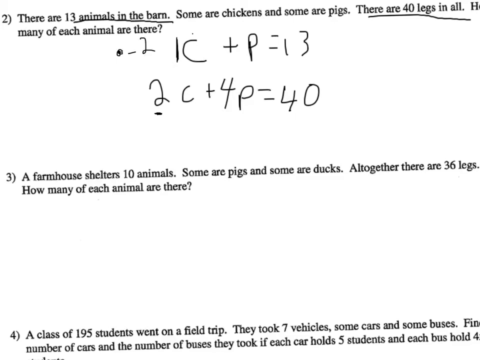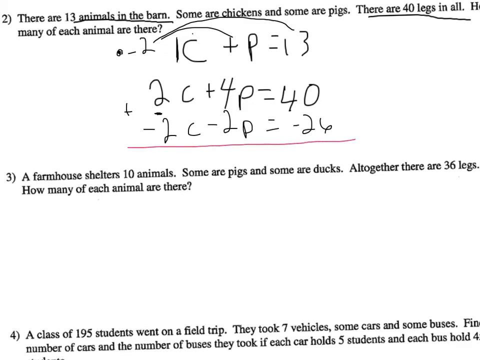Okay, so let's go ahead and rewrite that column. -2 times 1c, we got -2c. -2 times p gives us -2p. And -2 times 13 gives us -26. Okay, so we're going to go ahead and add these 3 columns.